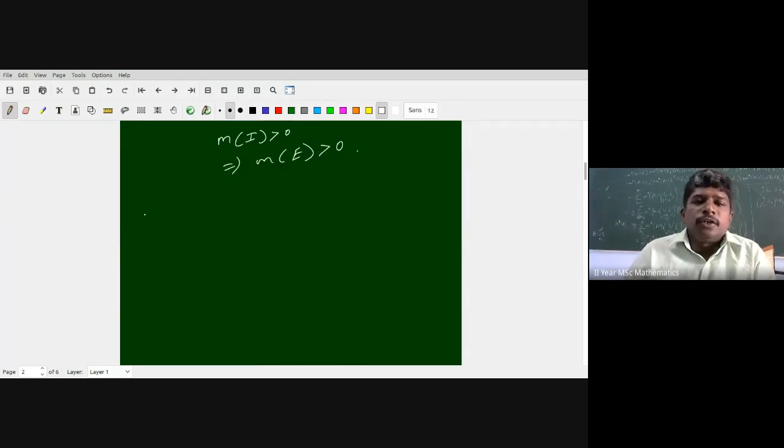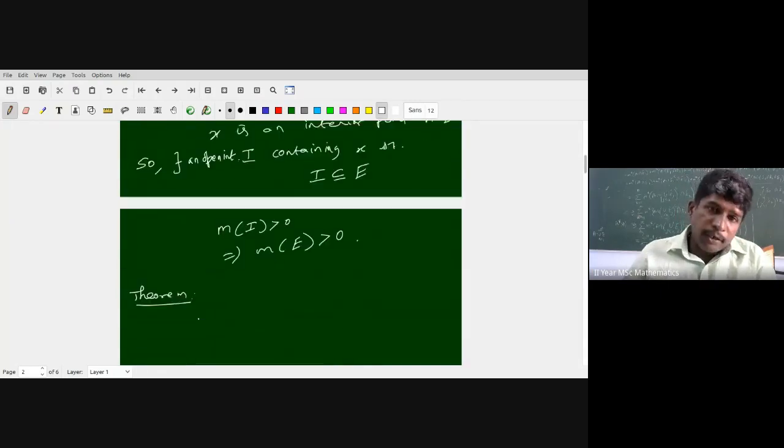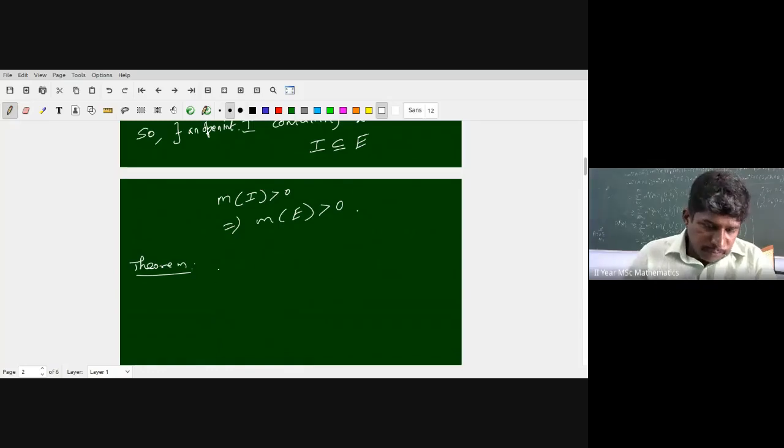Now we use the result to prove the following theorem. You can take this as a lemma for the following theorem. Right? The theorem is this.